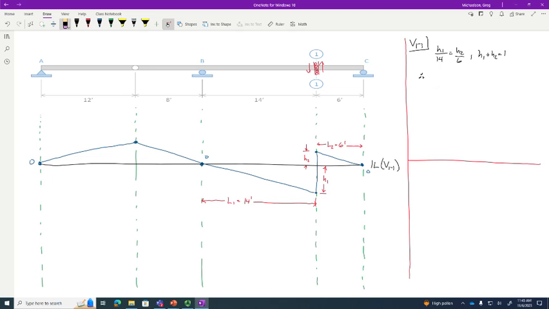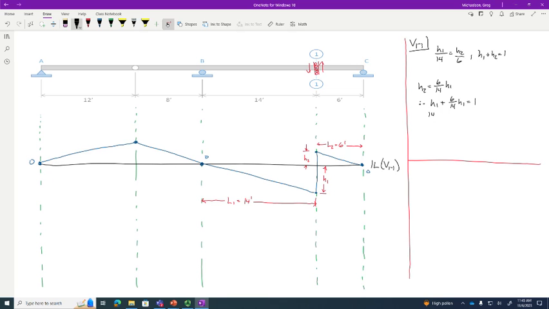Let's see what we can do here. So H1, let's do it like this. So H2 is 6 over 14 H1. Would H1 be 0.7? There you go. So therefore H1 plus 6 over 14 H1 is 1.